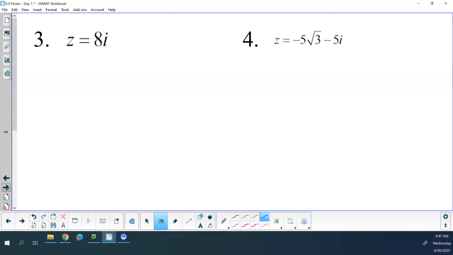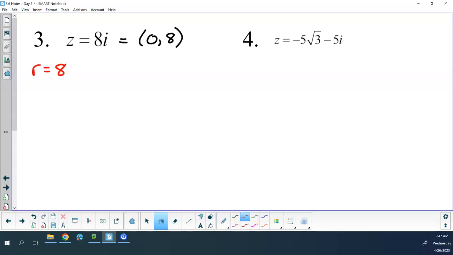All right? What about number 3 here? z equals 8i. What would the ordered pair form of this one be? 0, 8. Yeah. Okay. So, without doing any math, how far away is that point from the origin? 8, because it's on the imaginary axis. So my r value is 8.